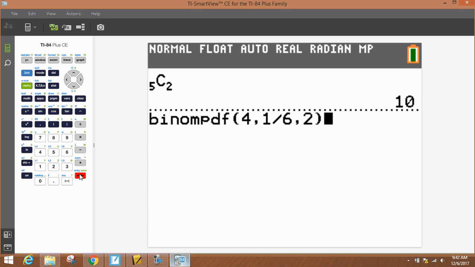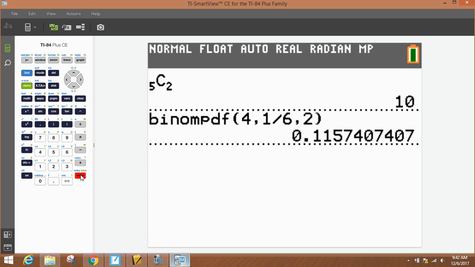So if you have a TI-83, when you click binomial PDF, it's going to bring this up, and you're going to have your parentheses, and you're going to have to fill in 4, comma 1/6, comma 2. And that's it. You just have to remember that it goes N, P, K.